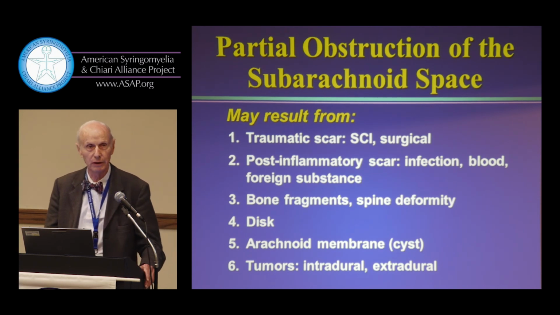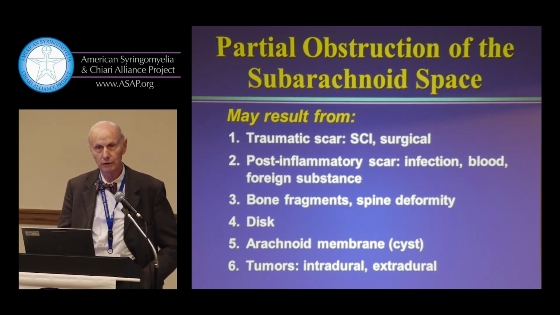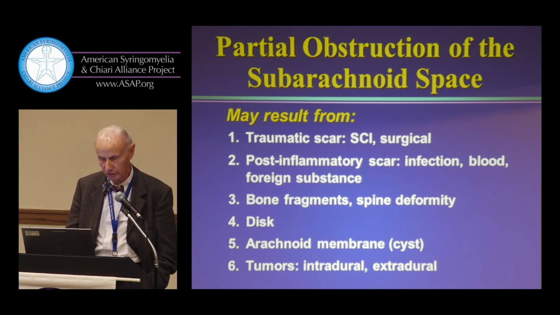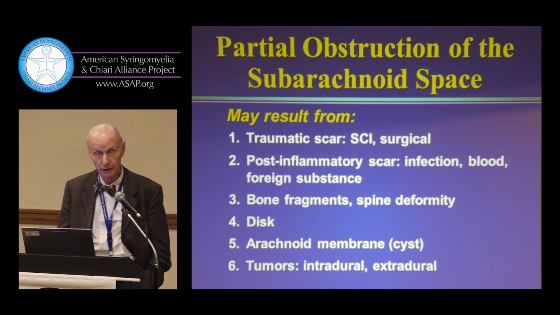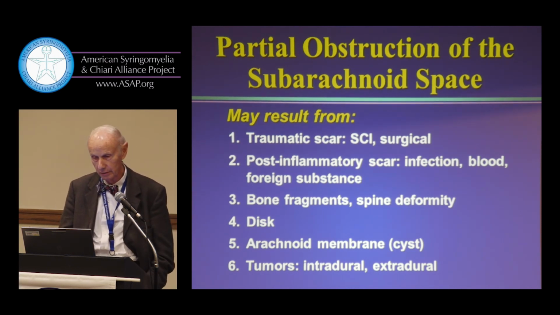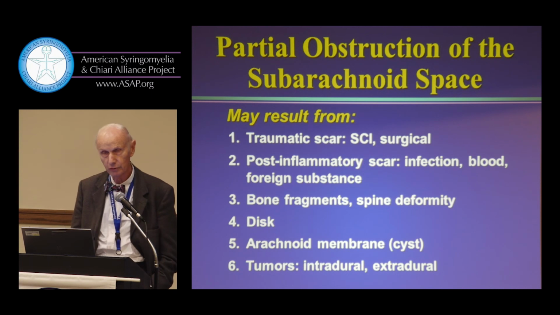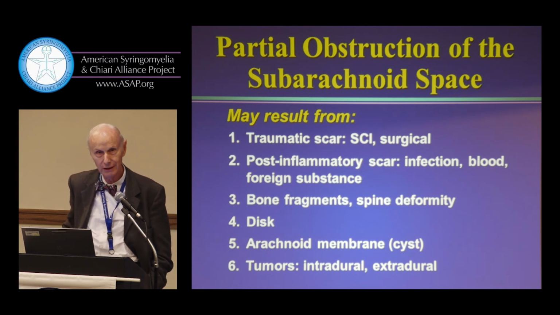It used to be that we had a rather toxic inflammatory generating material used for myelography called Pantopaque, which is no longer used, but that did produce in some people an inflammatory reaction. Bone fragments from an injury or from a spine deformity can do it.